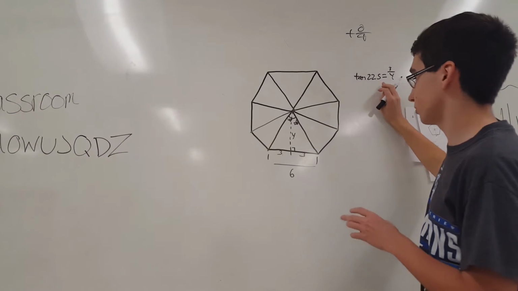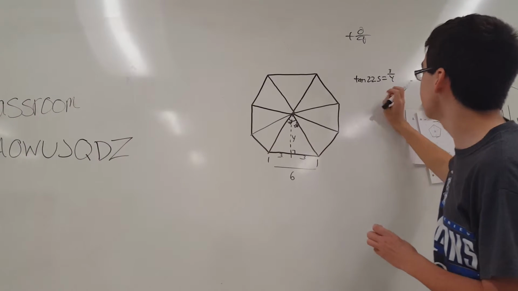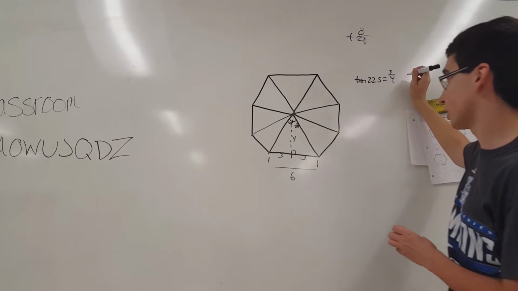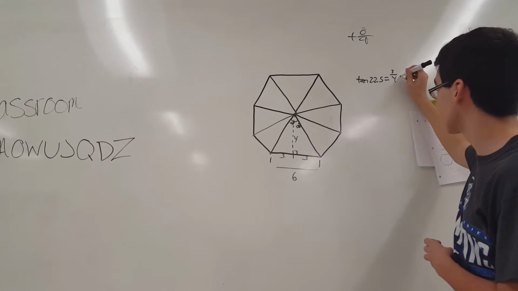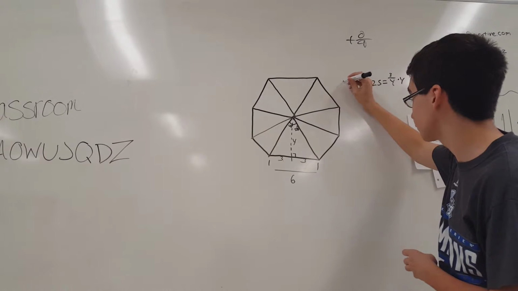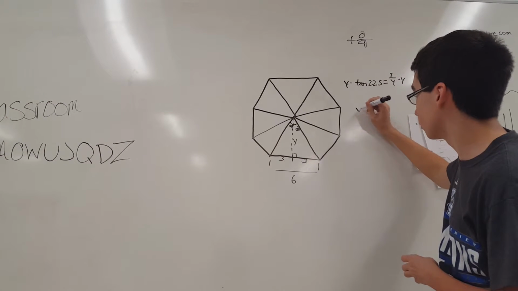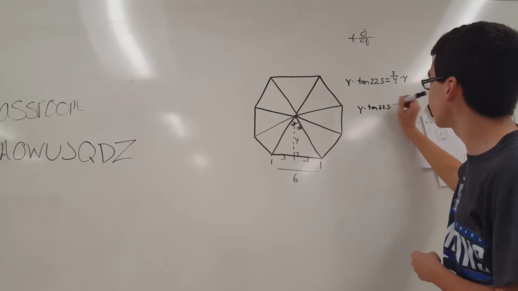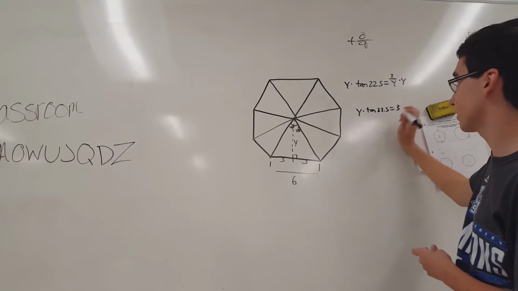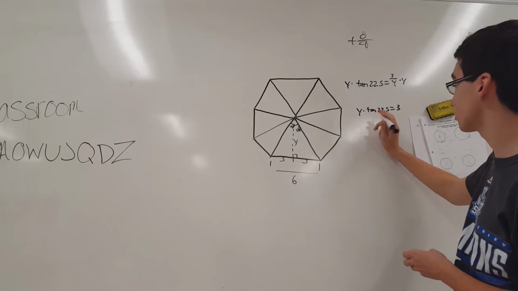To isolate the variable, you multiply by y on both sides, which gives y times the tangent of 22.5 equals 3. It's still not by itself, so now you divide by tangent of 22.5.